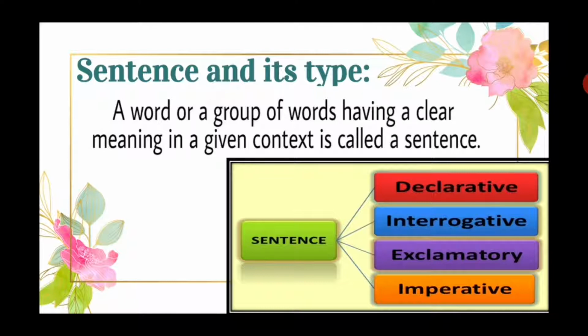It can be surprising, it can be shocking as well. Both can be exclamatory sentences, or our wish, that one also. And imperative are the orders and instructions that we give to others. Those sentences are imperative, like stand up, sit down, those things, okay?